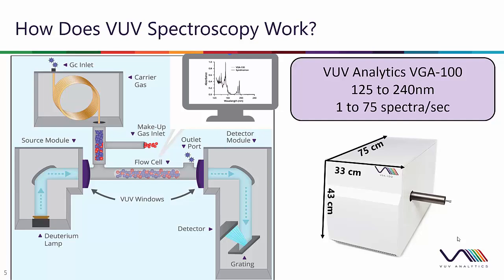And as that light is shone on these molecules, the remaining unabsorbed light enters a spectrometer where then a spectral fingerprint can be seen. On the right hand side, I also have a figure of the VGA100, which is a VUV detector. And this detector collects from 125 to 240 nanometers and can acquire upwards to 75 spectra per second.